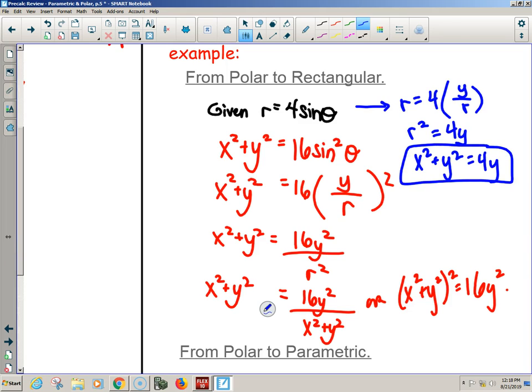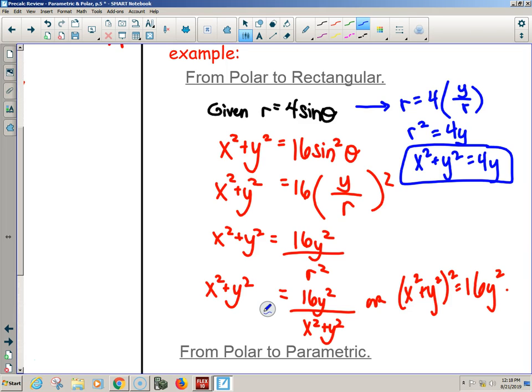Wait, that's different than... This is just the square root of that. We went about it a little bit harder way. Still works. Still valid. These are the exact same thing. This one ended up with the squared version of that one. Same thing, just a little bit different version. But that looks a lot different than that.